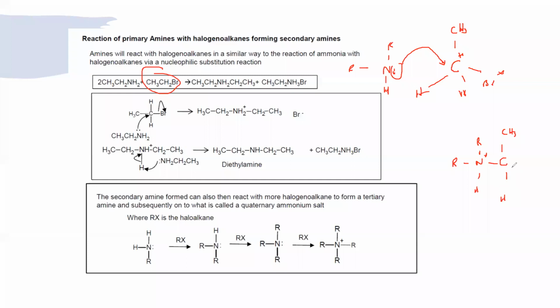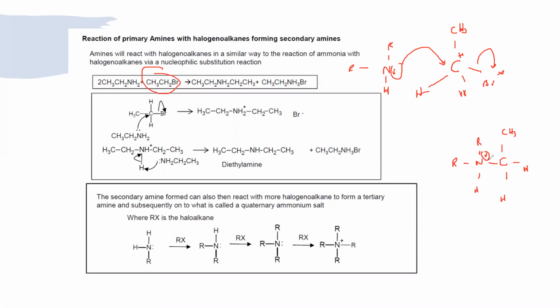And there is H, and Br is there. Then, because the bromine will take both of the electrons, bromine will go out, and there's a bond between carbon and nitrogen, but nitrogen has a positive charge.